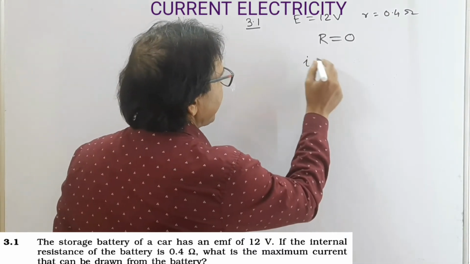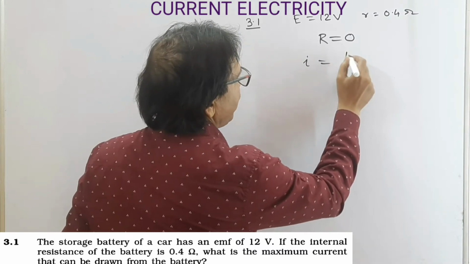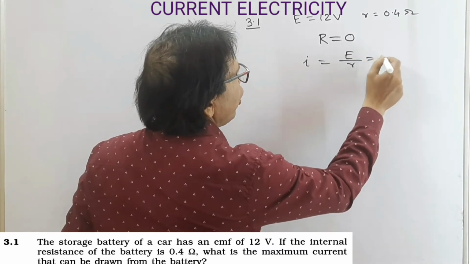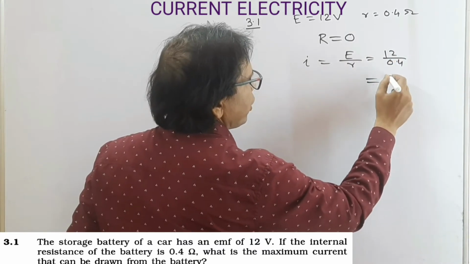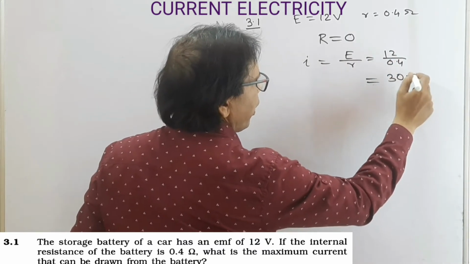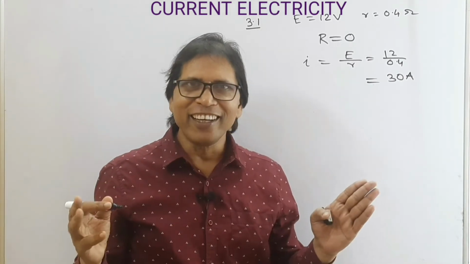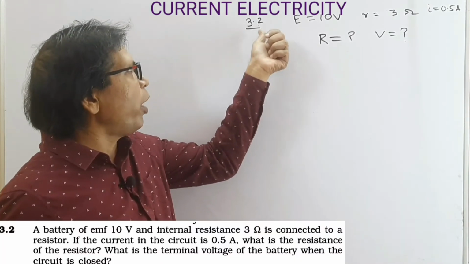Now short circuit current or maximum current is E by r. So this is 12 volt by 0.4, so this is 30 ampere. Okay, understood?